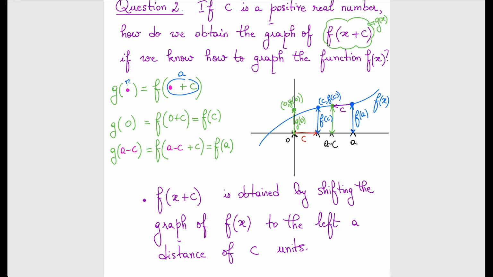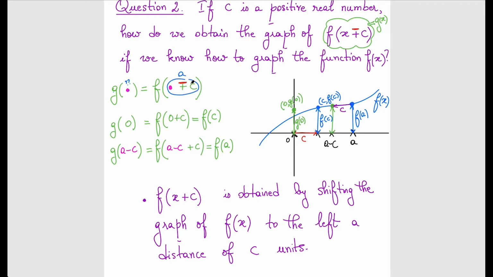Now, what if that plus is a minus? So now you subtract by c. Well, if you subtract by c, run the same program. g of the bullet now is f of the bullet minus c, right? If this is now minus, when does this become an a?